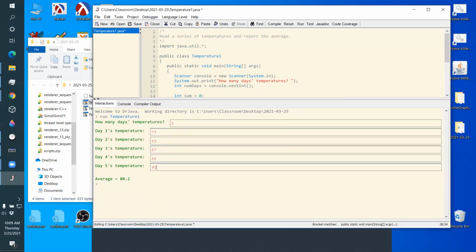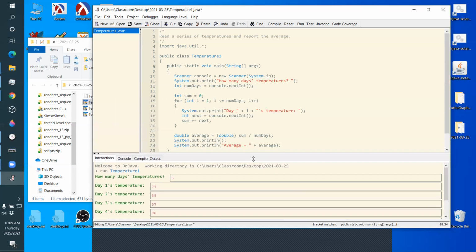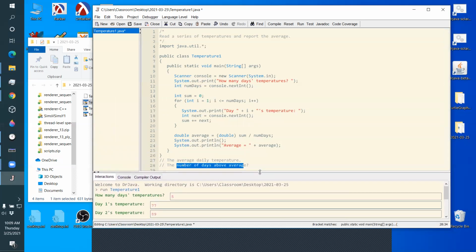There were 3 days out of the 5 that were above average. So I want the average and the number of days above average. Now look at my code. How can I add that feature to this code? What would I have to do?